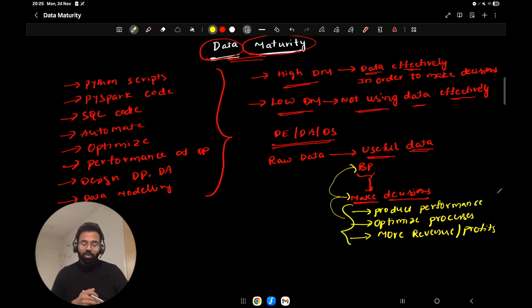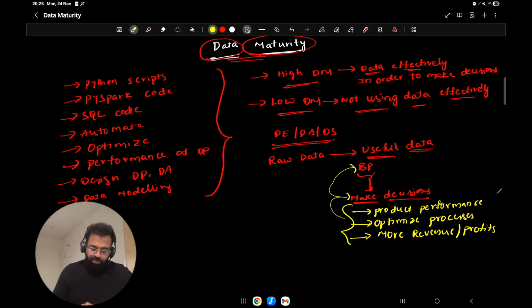But these two words, data maturity, quietly determine what kind of tools you use at work, how much complexity you might get at your work, how complex the tasks you will need to perform at work, and what kind of expectations will be set on your work. So everything will be basically decided by this single term called data maturity.